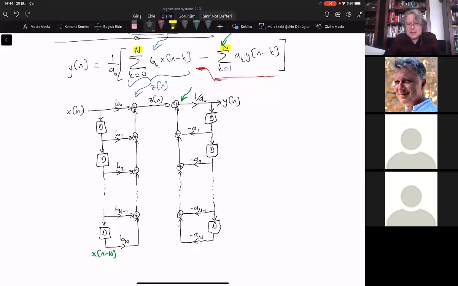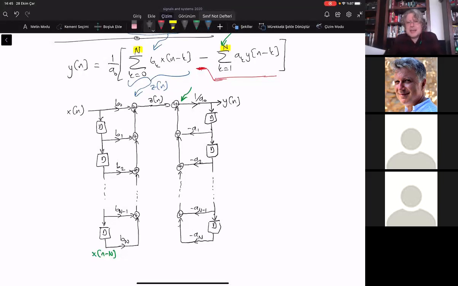I feel that even this much is complicated enough, right? But from top to bottom, we have b0 and 1 over a0, then b1 and minus a1, b2 and minus a2, etc. at the same layers of these two shapes.